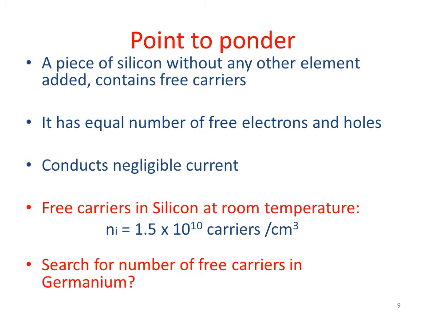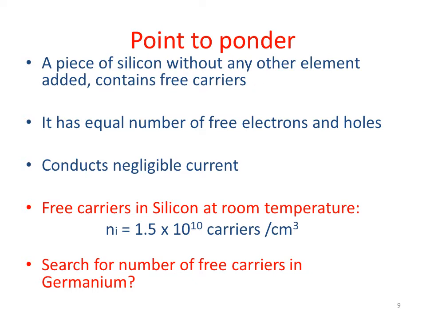They jump to the conduction band, and when they lose their energy they jump back to the valence band, and this process goes on for the valence electrons in a random manner. This tells us that any piece of silicon without any other element added, without any doping, contains free carriers because of the presence of room temperature, which is considered high for semiconductors.